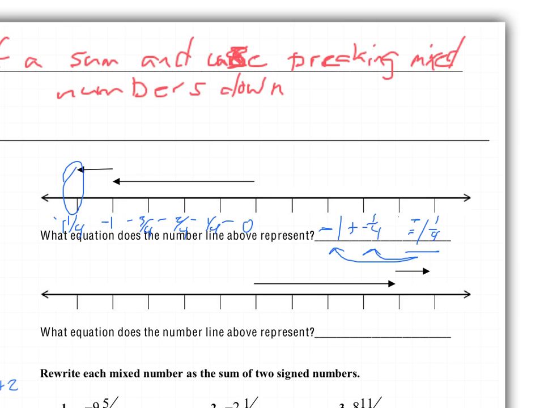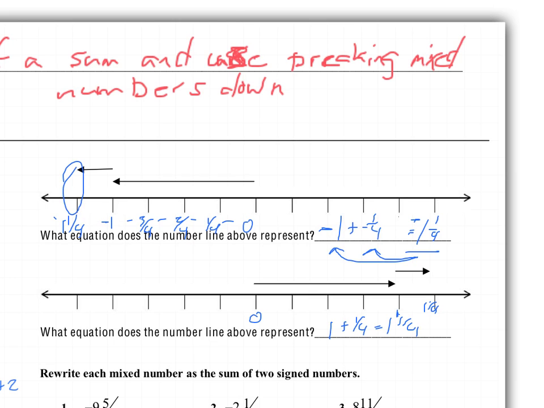And we're going to see that again over here in the positives: 0, 1, and 1 and 1/4. We can write this one as 1 plus 1/4 is equal to 1 and 1/4.